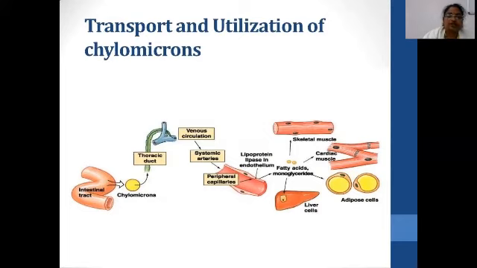Transport and utilization of chylomicrons. So now what happens from the intestinal tract, the chylomicrons go via the thoracic duct and enter into the venous circulation and systemic arteries, then peripheral capillaries.